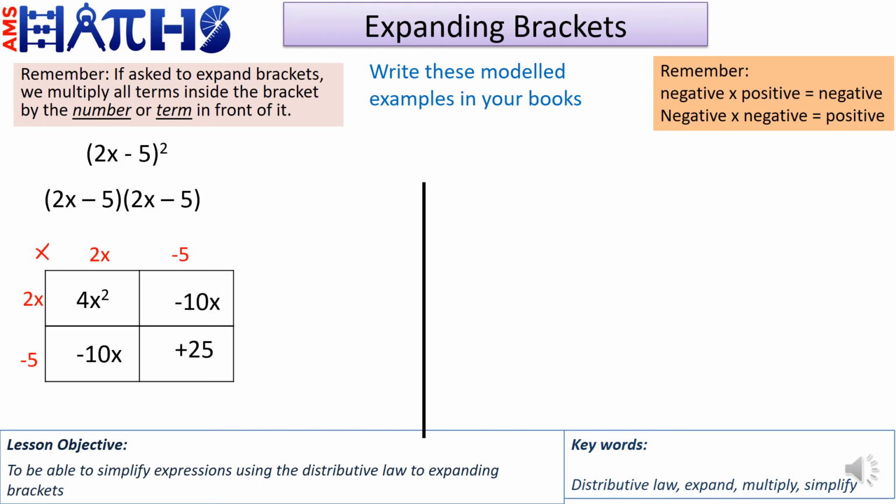So our terms in x, that's a minus 10x and a minus 10x, can be combined. From the terms that were written out, we underline our minus 10x and minus 10x. And when those are combined, we get minus 20x. So our final answer is 4x squared minus 20x plus 25.